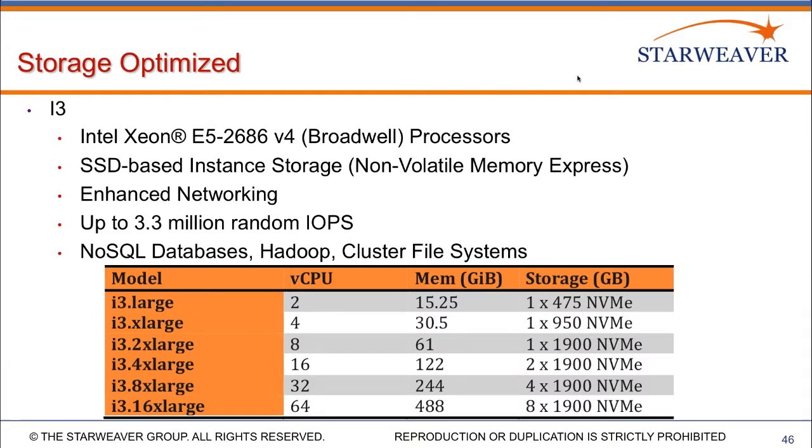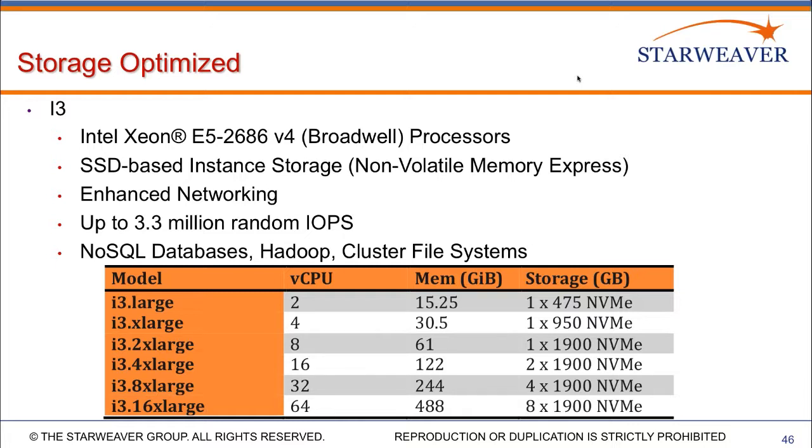All right, then we've talked about these already, the storage optimized I3s. The I3s just came out recently. This is the newer generation. Before they were I2s. This is the newer Intel processors, and they have lots of local instance storage. That's why they're called storage optimized. These are super fast SSDs.